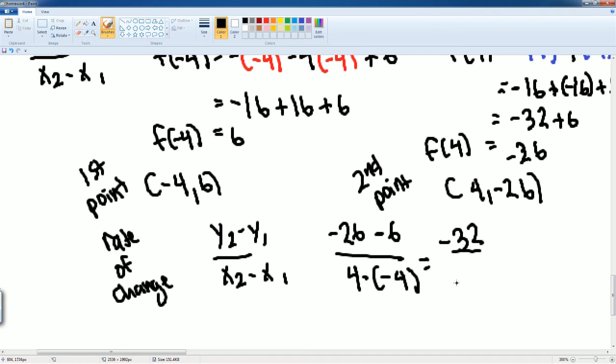Minus -4 is an 8. Yeah, positive. And this does simplify to getting you a -4/1, or you can just say that it's just -4. Okay, so there you go.